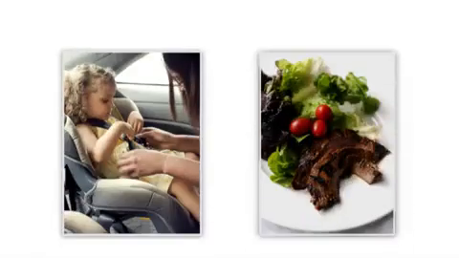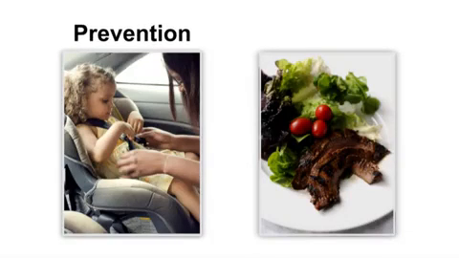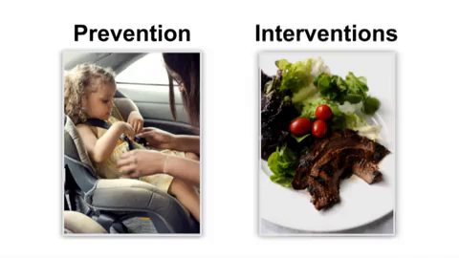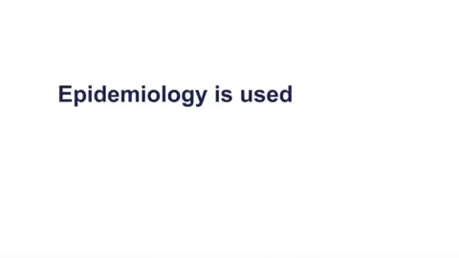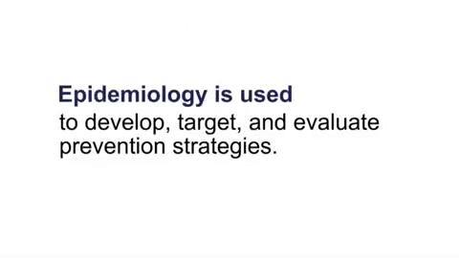Now let's discuss two aspects of public health where epidemiology is used. First, prevention, such as raising public awareness about the need for child car seats, and interventions, such as promoting healthy eating by lowering the cost of healthy foods. Epidemiology is used to develop, target, and evaluate prevention strategies.